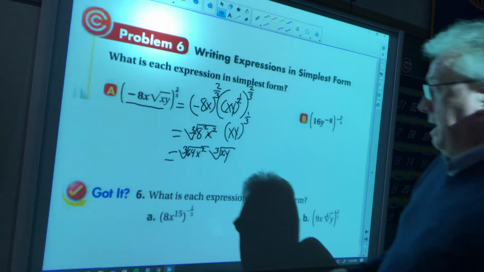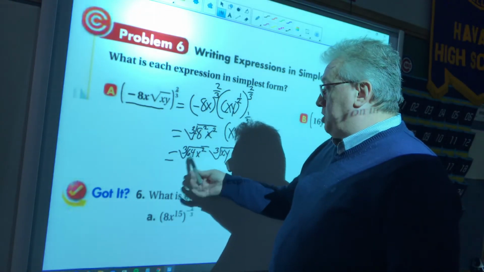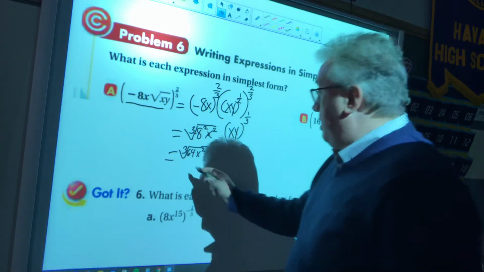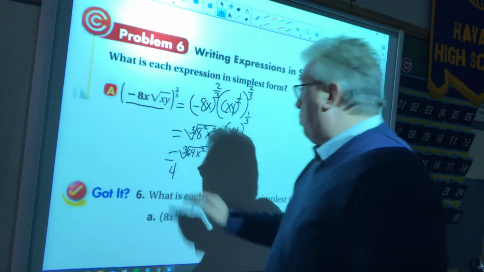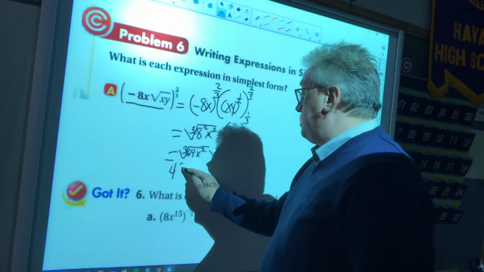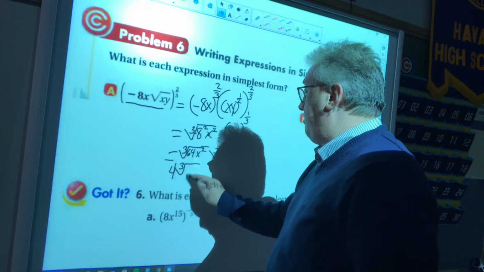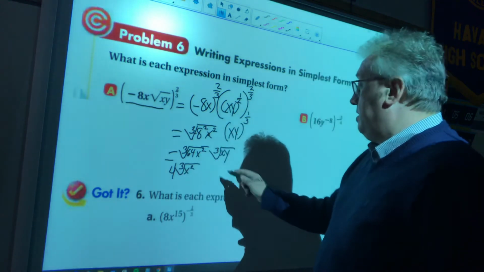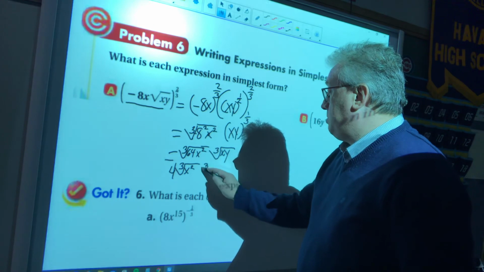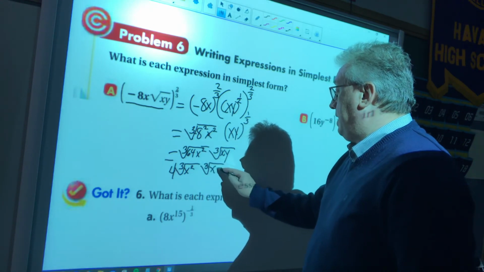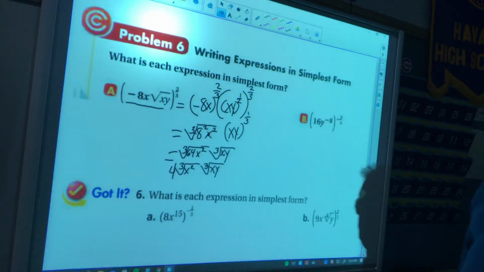Now we want to finish. The cube root of 64 is just 4. So we have 4 times the cube root of x squared, and this is the cube root of xy. And that is A.